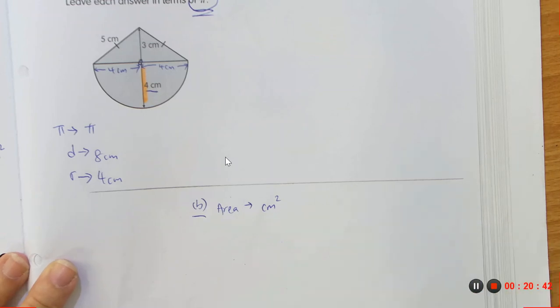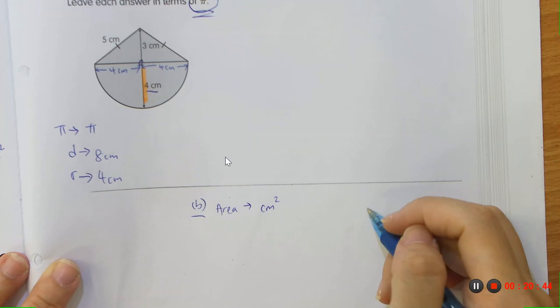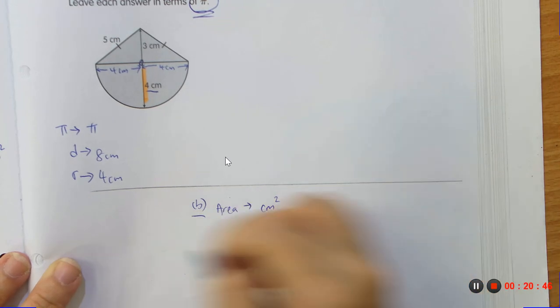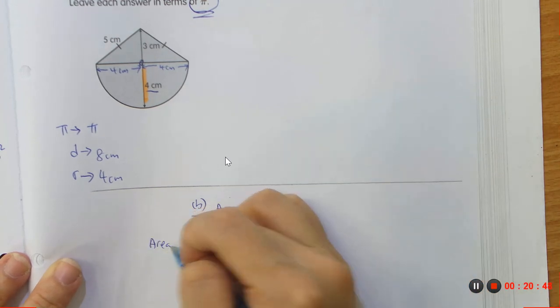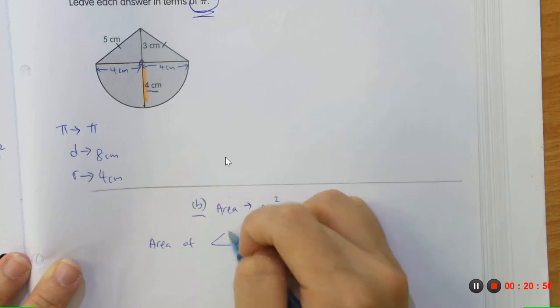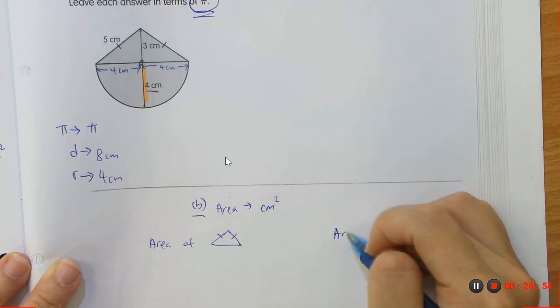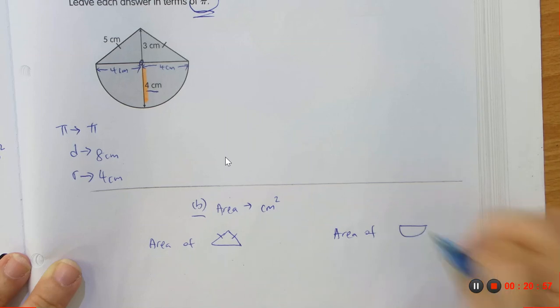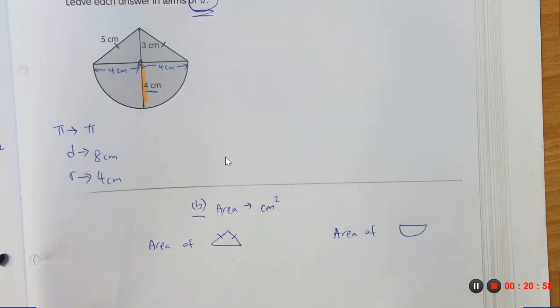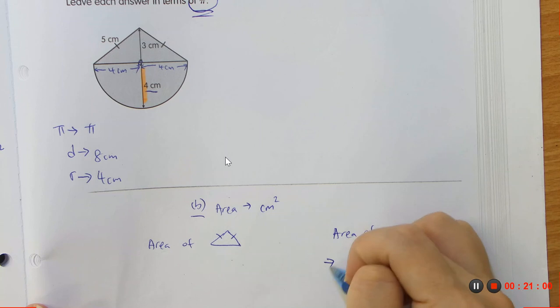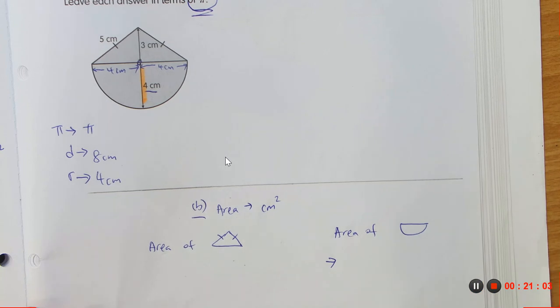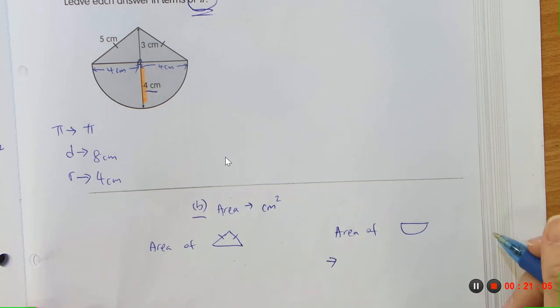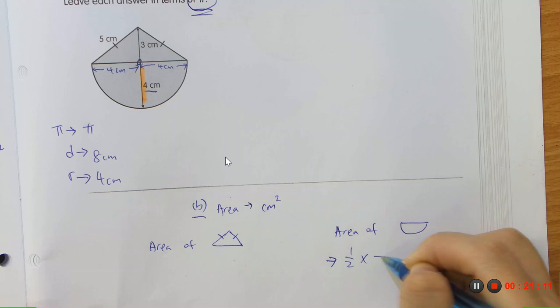Okay, let's talk about the area first since we are more akin to areas. The figure is made up of two things. I have the area of the triangle, and then we also have the area of the semicircle. Let's deal with the area of the semicircle. The formula is half times pi r squared.